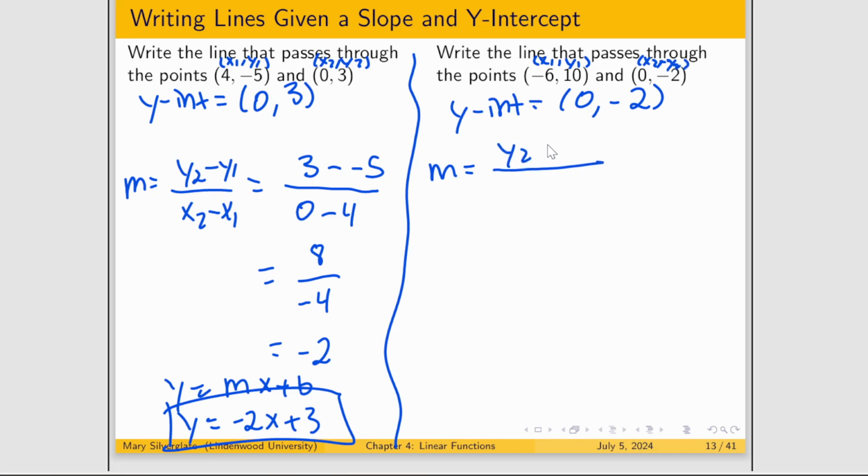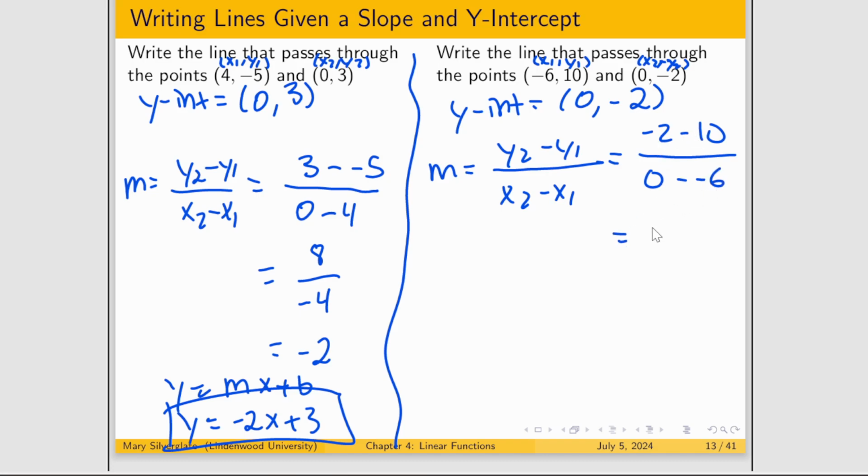And then I know that my slope is my change in y's divided by my change in x's. On a test or something, I would recommend showing that step just in case all you do is plug things in wrong. y2 in this case is negative 2, y1 in this case is 10, x2 in this case is 0, x1 is negative 6.